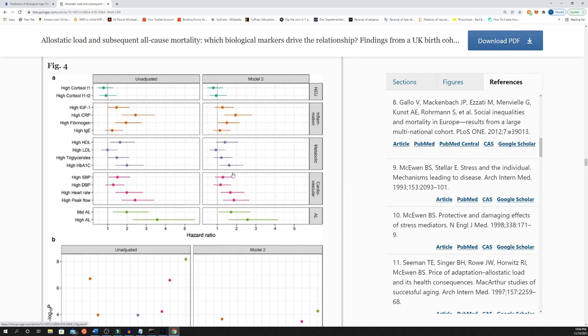And then this is kind of shocking, considering what we know from the Framingham Heart Study and other studies. Systolic blood pressure and diastolic blood pressure were not significantly associated with mortality. A lot of times they'll show up as significantly associated until you adjust for age.